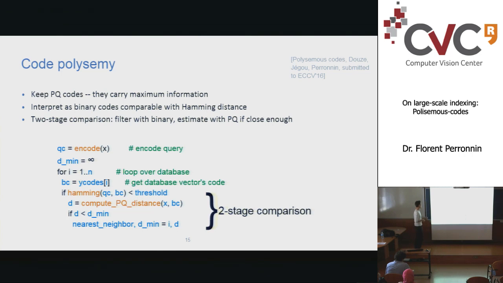But we do so only on a subset of the vectors, those which have not been filtered by the binary comparison. So this is what is shown here. First, you have your query and your database item. If the Hamming distance is below the threshold, then you compute the PQ distance. So you have a simple two-stage comparison.